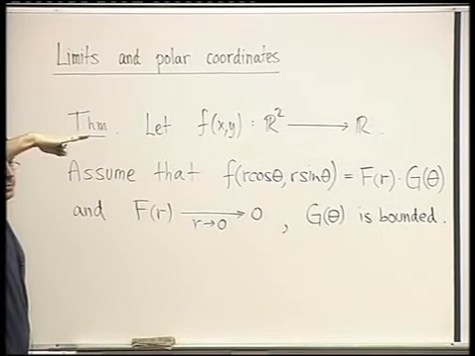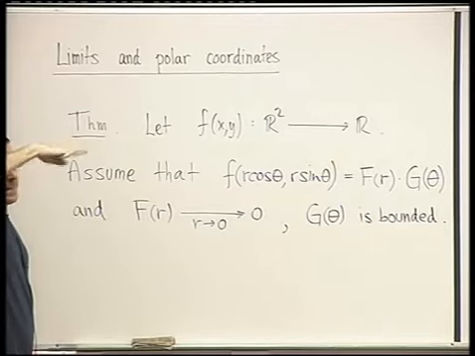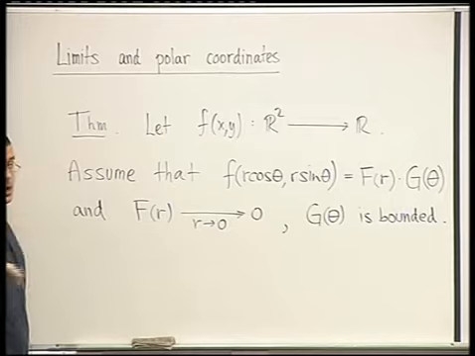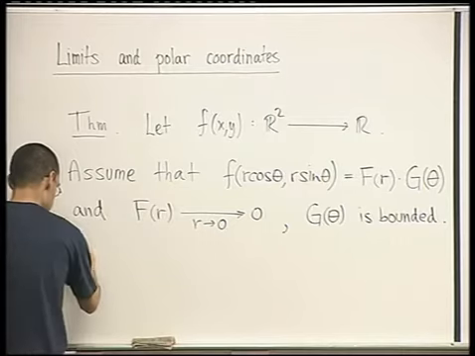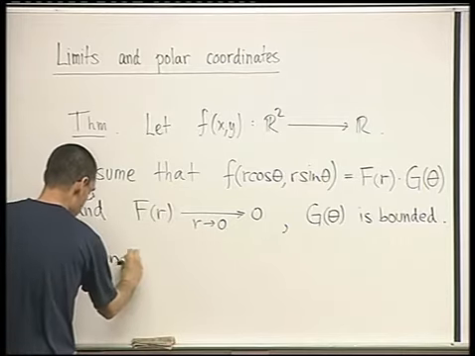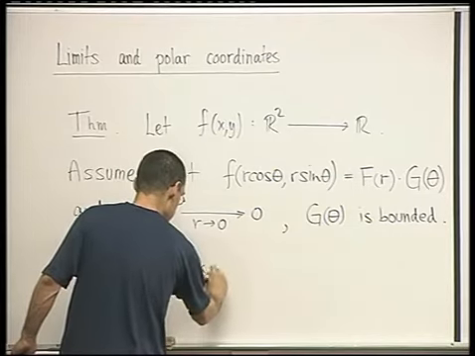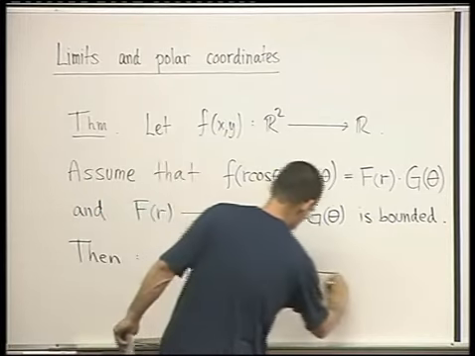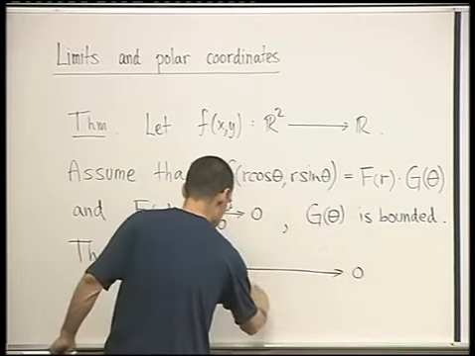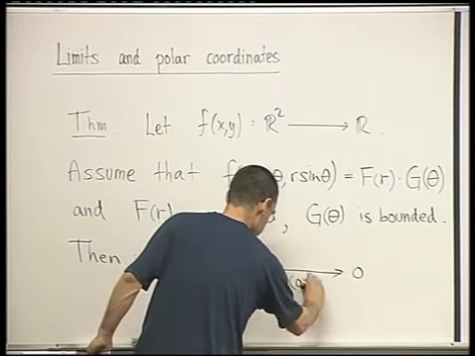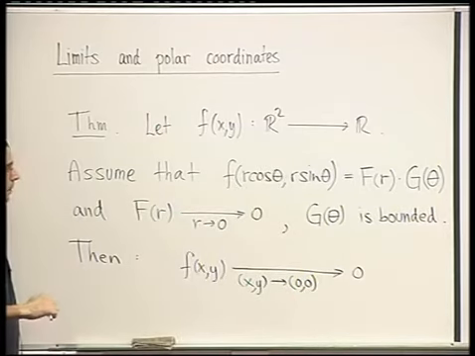It has some supremum, some maximal value which may or may not be attained, but it cannot exceed a certain value and cannot go beneath a certain value. Then the theorem says that f(x,y) converges to 0 as (x,y) goes to (0,0). Okay?